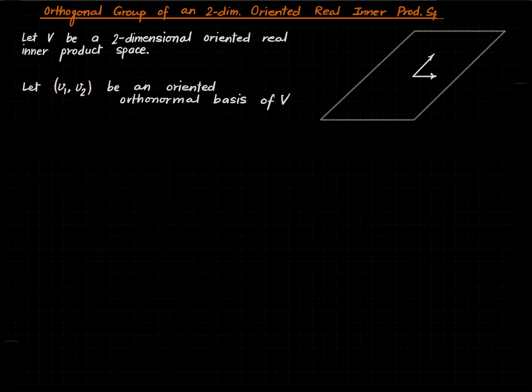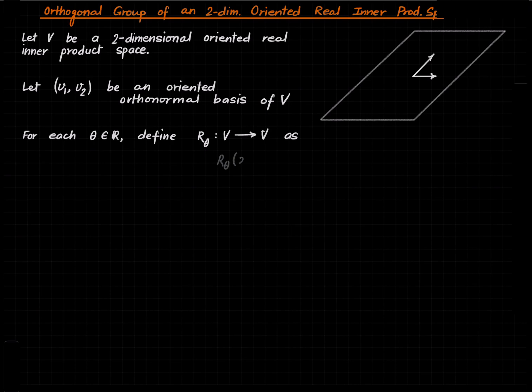And now we can repeat the same discussion that we had for the Cartesian plane. So if we have been given some theta in the set of real numbers, then we can define r theta as follows. It is going to look like this.